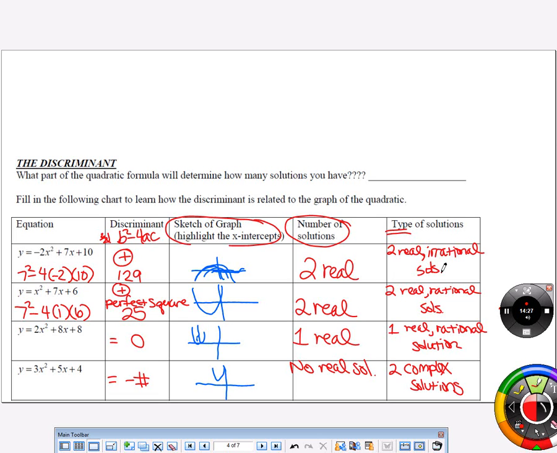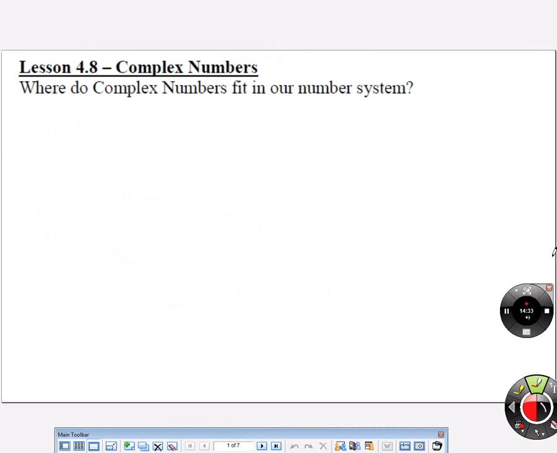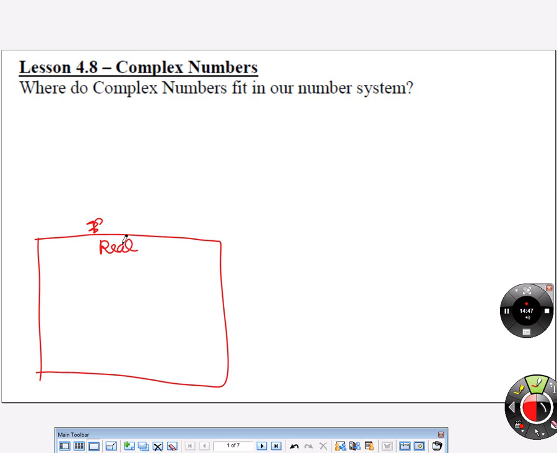Okay? All right, so now let's talk about when we're in this area of complex solutions. All right. So what is this whole complex number idea? So you guys are used to this world of numbers that looks like this. Maybe you don't like it in this format, but you see the world as, let me not write it there. There are real numbers, and every number you know, unless you already know about the complex number system, is a real number.